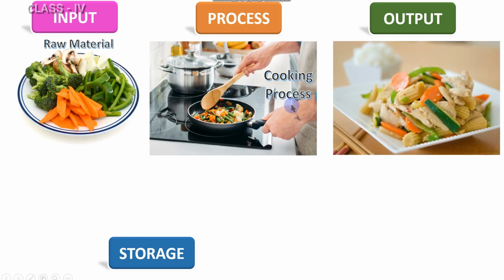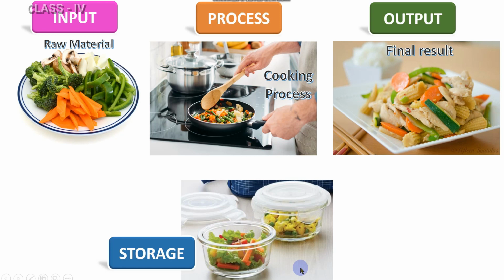In the output we have the final result, the ready to eat food. In the storage option we have these boxes to store the leftovers. In the same way, the CPU works as the processor, and it also stores the data for later use.